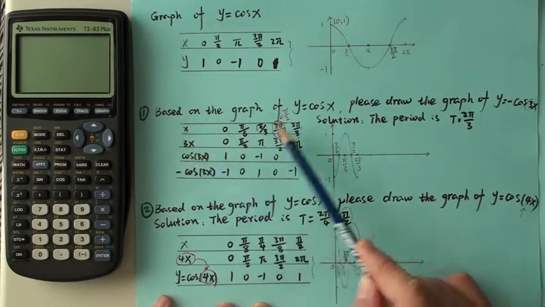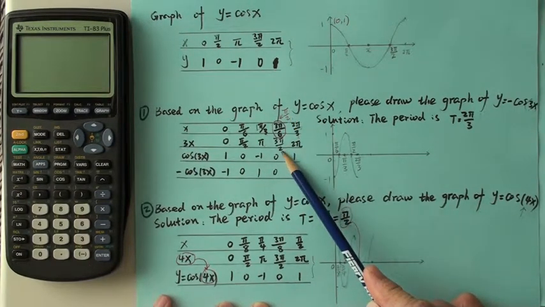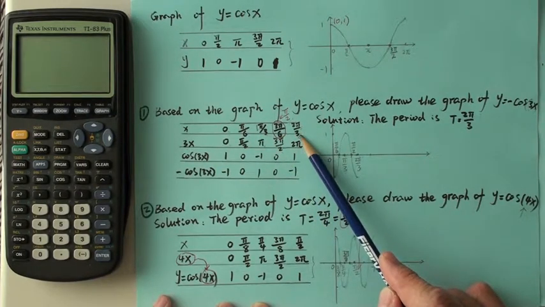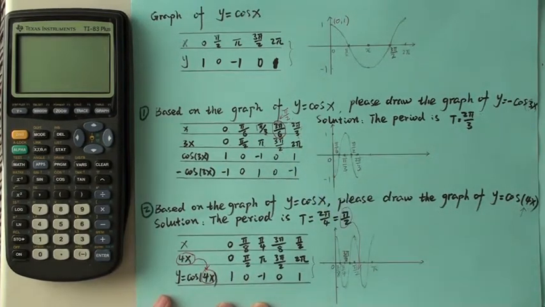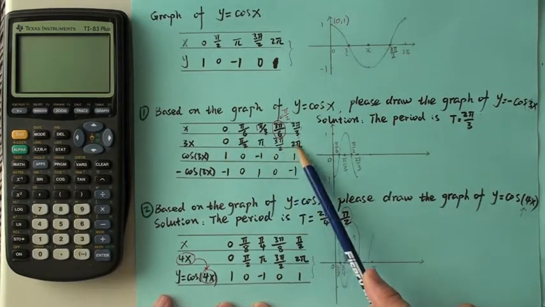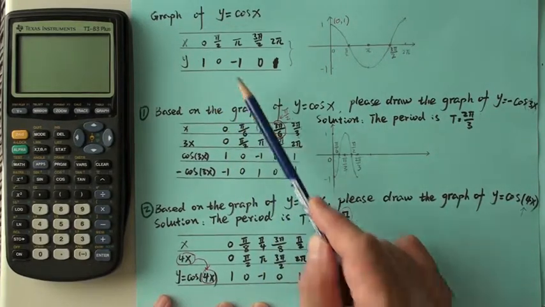And 3 times pi over 2 is 3 pi over 2. And 3 times 2 pi over 3 is 2 pi. So then you know you have what? You have 5 different values. Basically, those 5 values are the same as that.